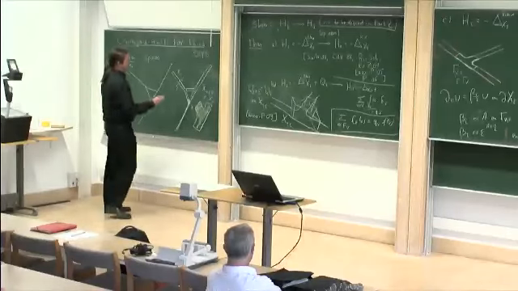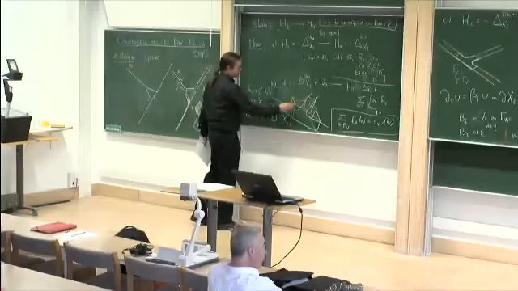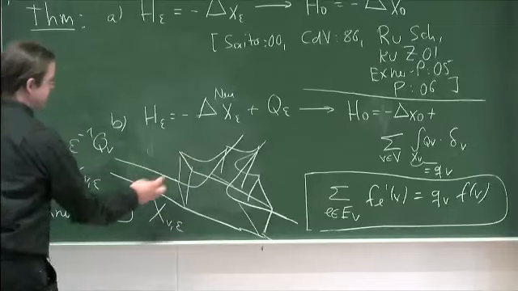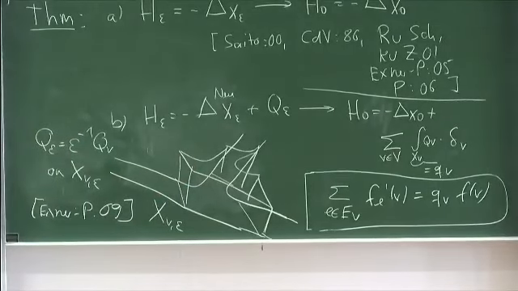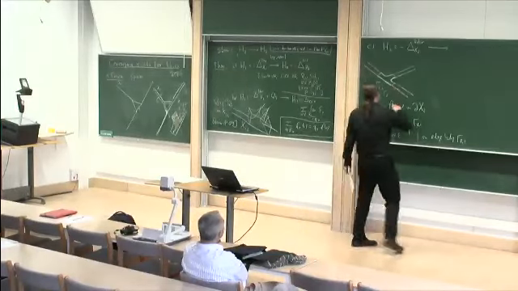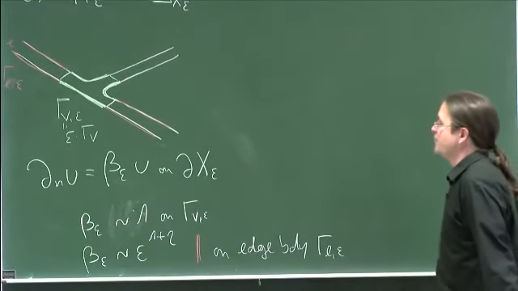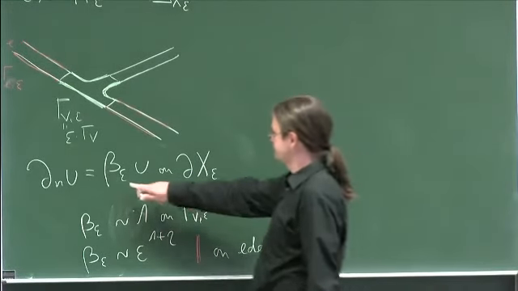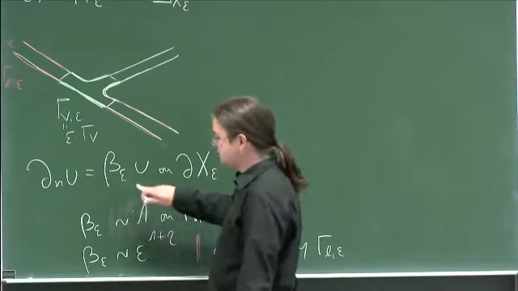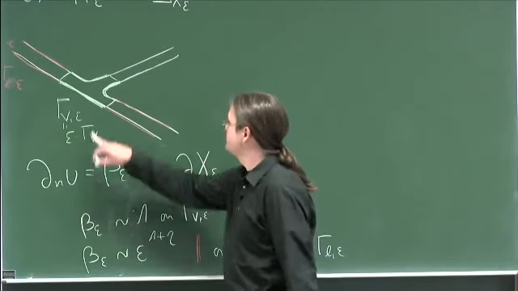You can see here that the lowest eigenfunction in this transversal set is just a constant function, so the eigenvalue is 0. If you take, for example, Robin conditions, the natural scaling would be that beta epsilon scales like 1 over epsilon, and then of course you get divergent terms. But if you do it in this way, you see that there is no contribution on the edges.